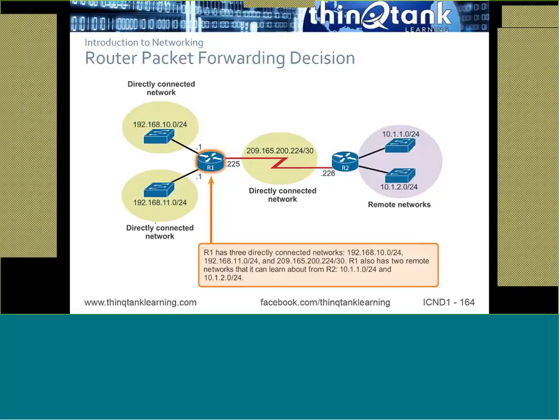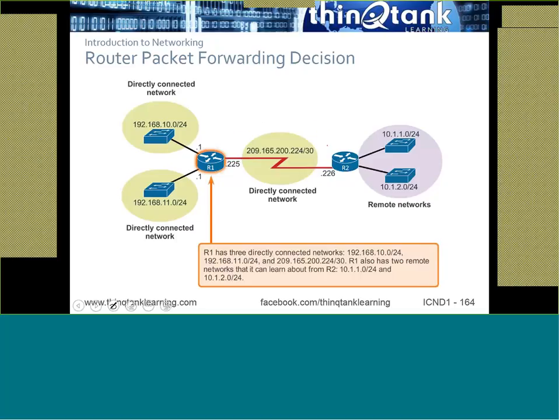So fundamentally, whether it's static routing, EIGRP, OSPF, BGP, IS-IS, it doesn't matter what the routing protocol is. The ultimate goal of any routing protocol is to identify where do I send the packet to next. Very, very important concept.